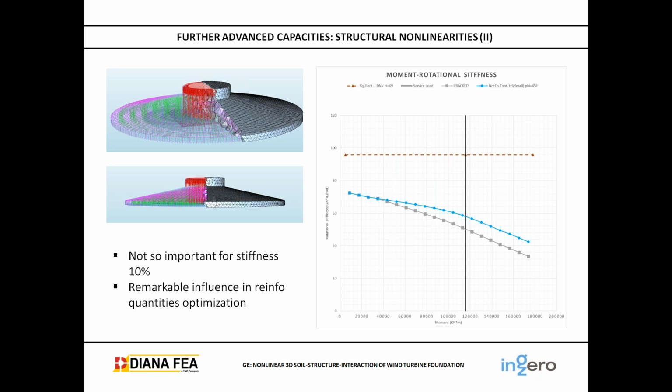So we see that there is a difference of about 10%, so it's not so important for stiffness, but it has a remarkable influence on the reinforcement quantities optimization. There are some studies that say that it can optimize, depending on the footing and on the loads, up to 20 or 30%, which is normally in the cost of the wind turbines. The foundation is 10% of the cost of the whole structure.